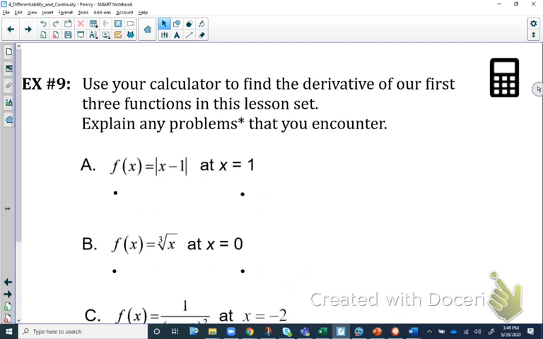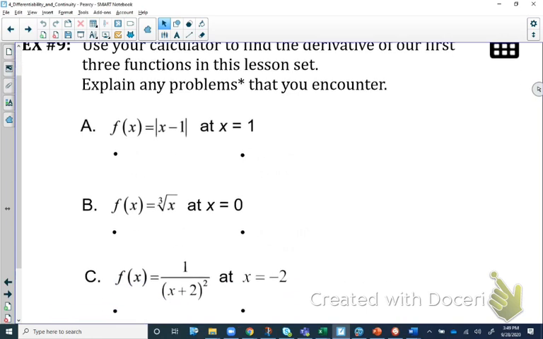Now here, these are the functions that we started the lesson with, where we showed you a variety of ways that functions are not going to be differentiable. For this absolute value, the function wasn't differentiable at 1. This cube root, because of that vertical tangent line, isn't differentiable at 0.